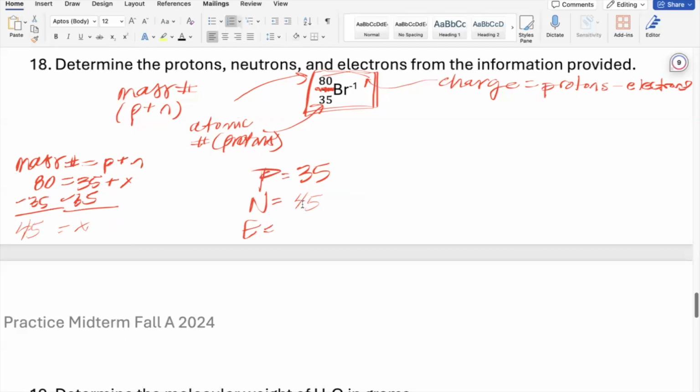So that is going to be the charge equals protons minus electrons. I know the charge is -1, and I know the protons are 35. So again, if we just set this up like an algebra problem, now this would be minus x. To get x by itself, we're going to do this a couple ways. I am going to add x to both sides so that way I can make x positive.